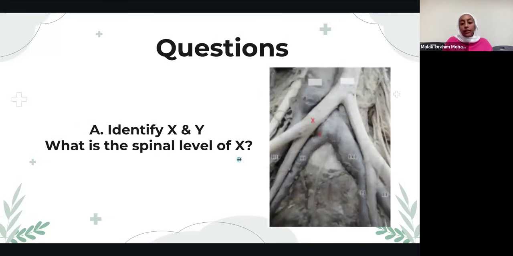Okay, and the last question: what's X and what's Y, and what's the spinal level of X? And say what's the spinal level of Y. Specify, is it an artery or a vein?